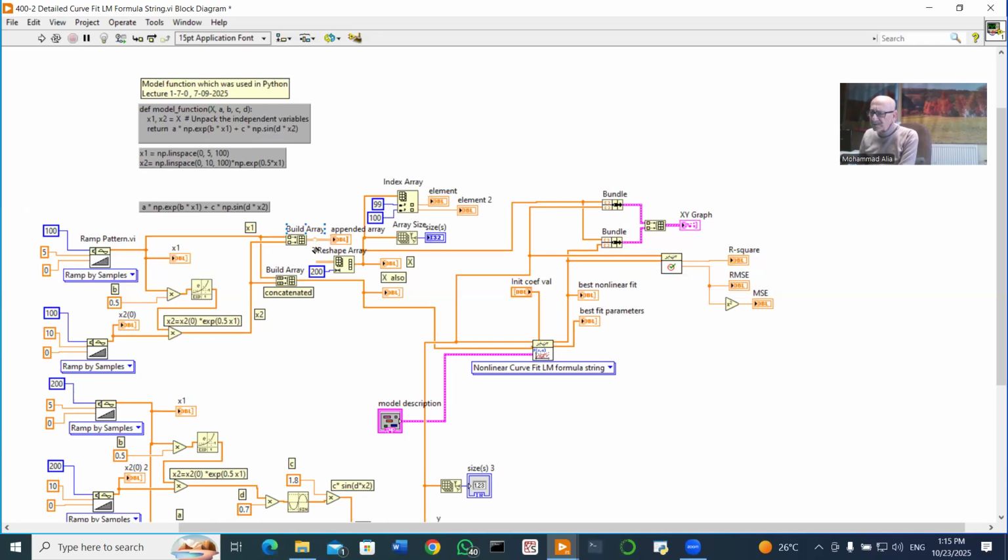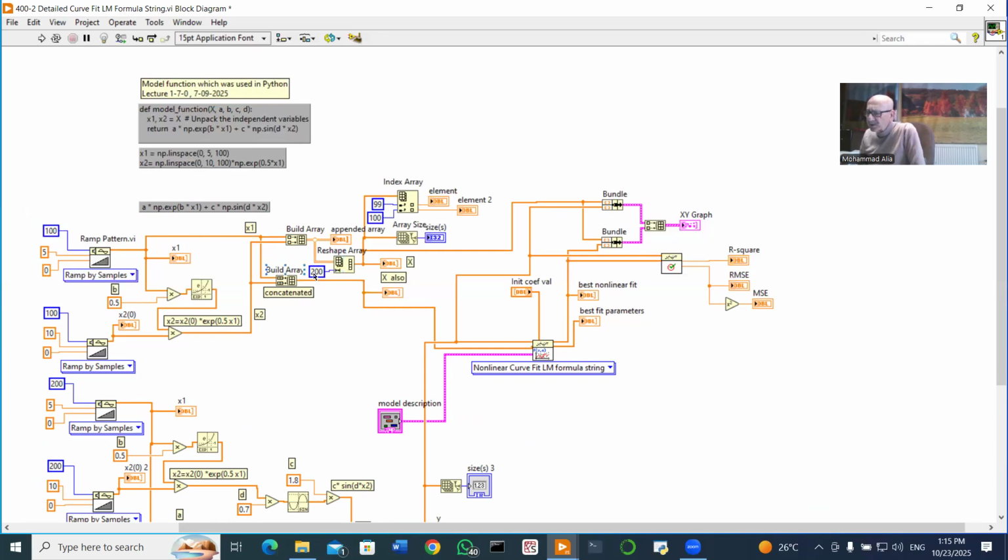This two-dimensional array also could be reshaped using 200 values instead of 100, because this is 100 and this is 100, and both arrays will be included at the output one after the other. So the size of the concatenated array will be 200.